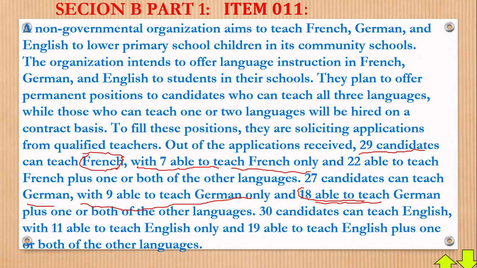So the saying, with 18 able to teach German plus one or both of the other languages. 30 candidates can teach English, with 11 able to teach English only, and 19 able to teach English plus one or both of the other languages. Okay, I think let's proceed.